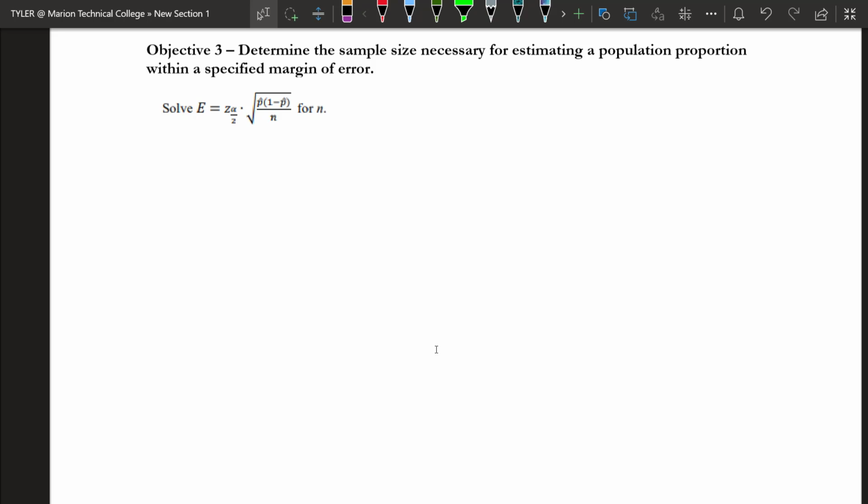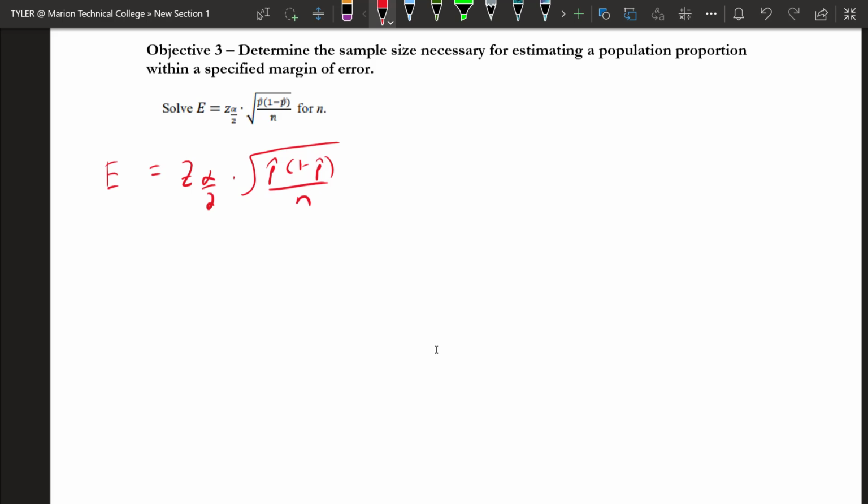So what we have is E equals Z sub alpha divided by 2 times the square root of p hat times 1 minus p hat divided by n. I want to solve for n.